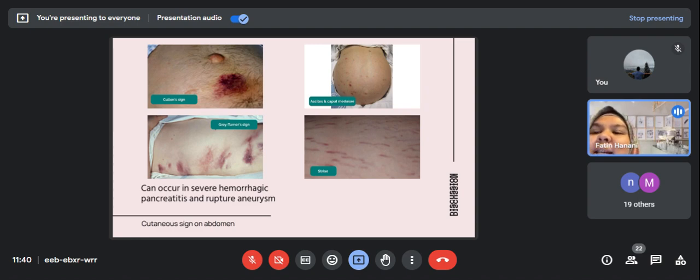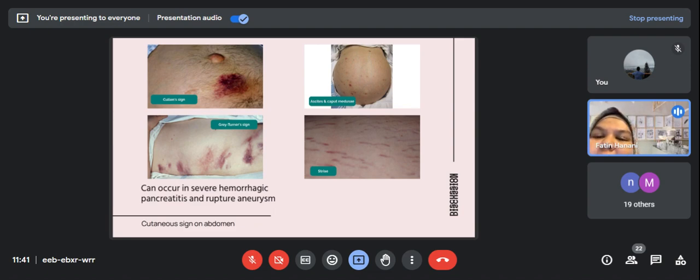So for Cullen sign, usually the patient complains of sudden onset left flank pain. It is a superficial bruising in the subcutaneous fat around the umbilicus, so it is indicative of internal hemorrhage. While Grey Turner sign is the ecchymosis around the umbilicus and on the left flank, which usually indicates internal or retroperitoneal hemorrhage that can occur in severe hemorrhagic pancreatitis or ruptured aneurysm.